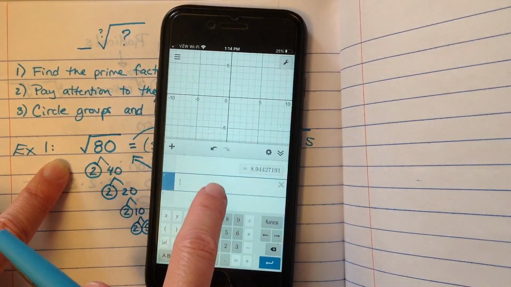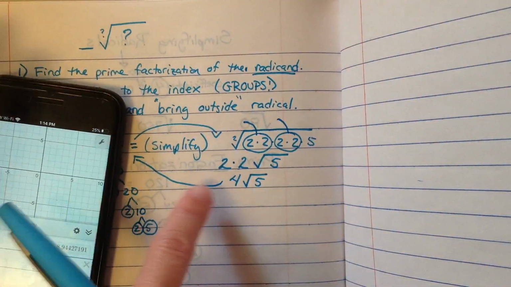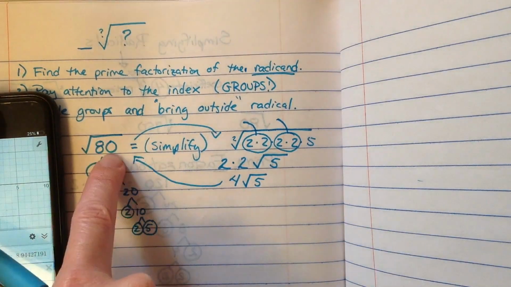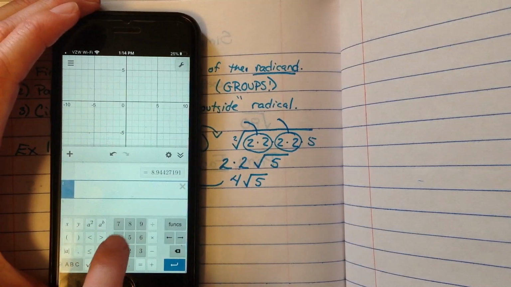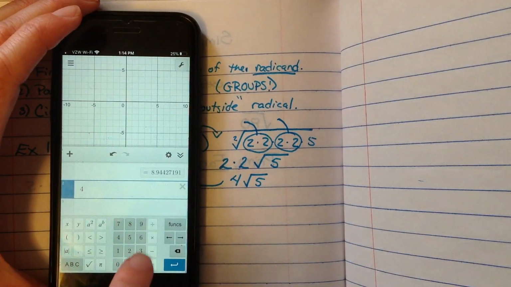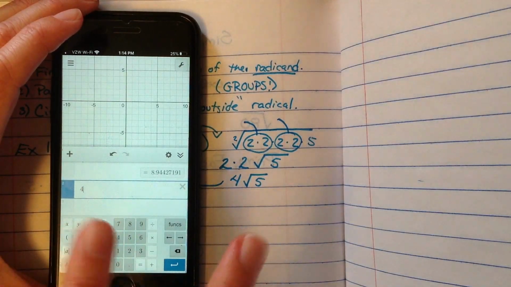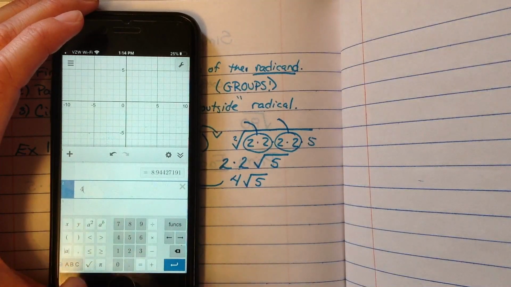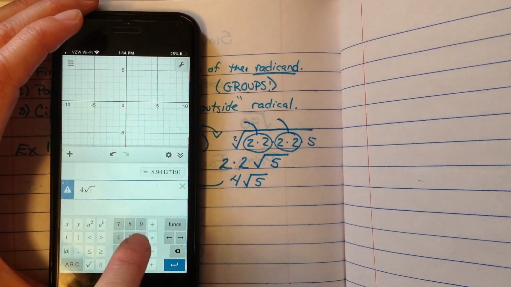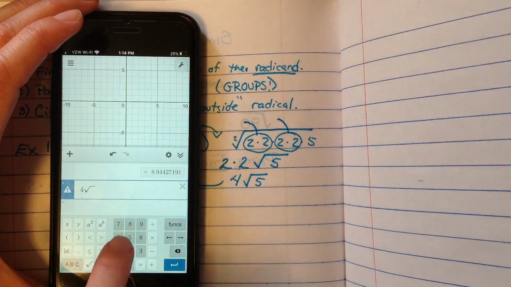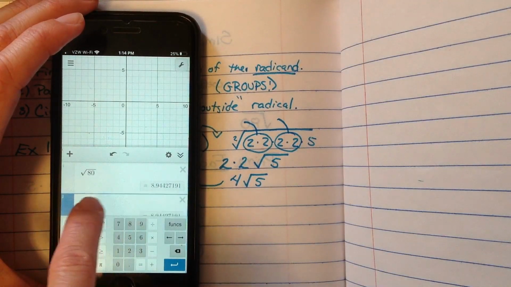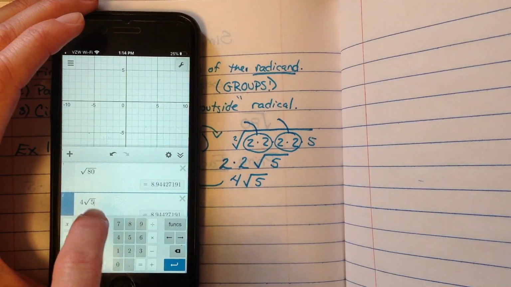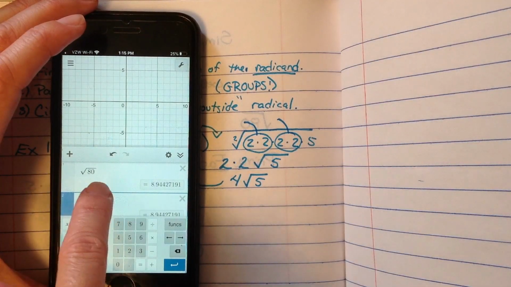But I can check myself to know that these two things are actually equal. If I start with what I had and type it in the calculator, get the decimal, and then I type in my final answer, so 4 times, and you can hit the times symbol if you want to, or remember when a number is right next to something, it means multiplication. Square root again, and then I type in a 5. Those decimals match. And so it is true that 4 times the square root of 5 is the exact same number as the square root of 80.